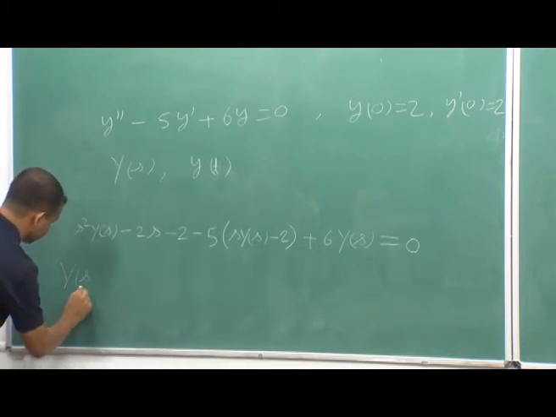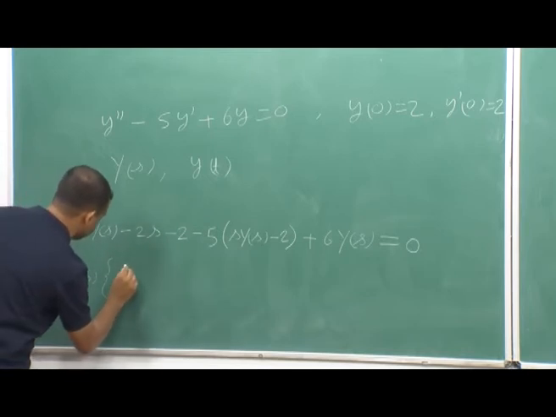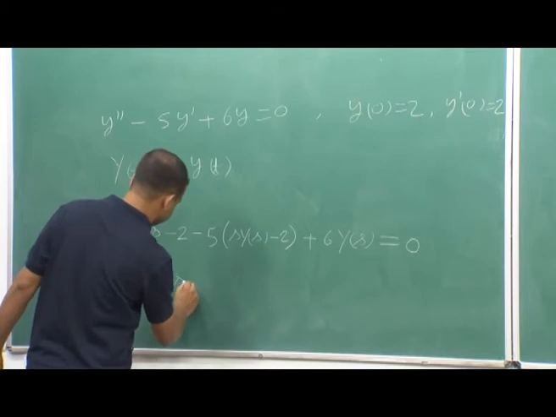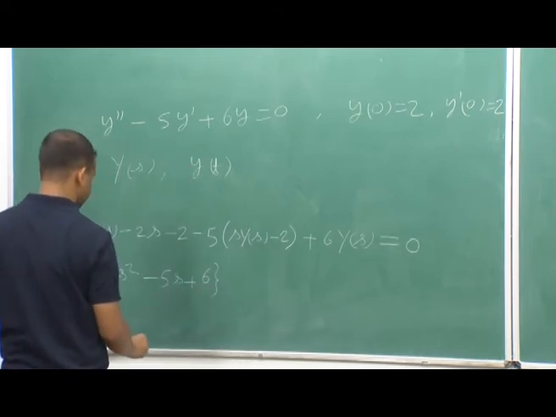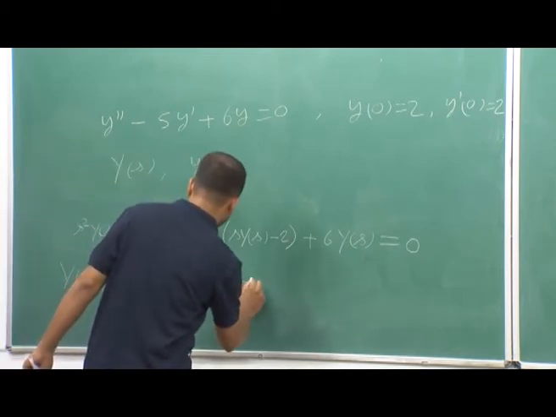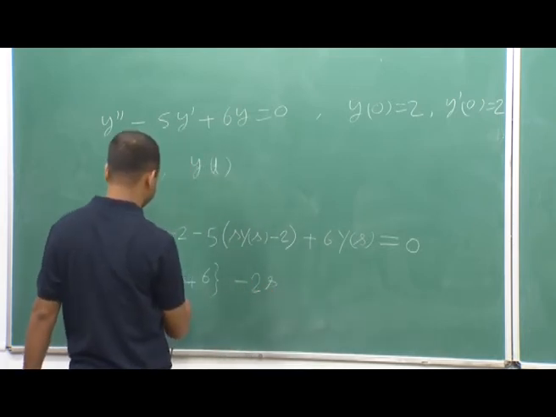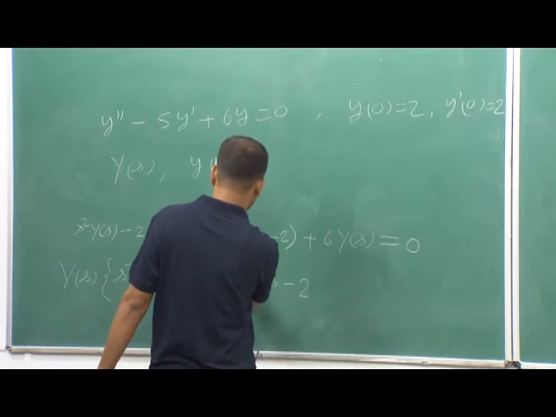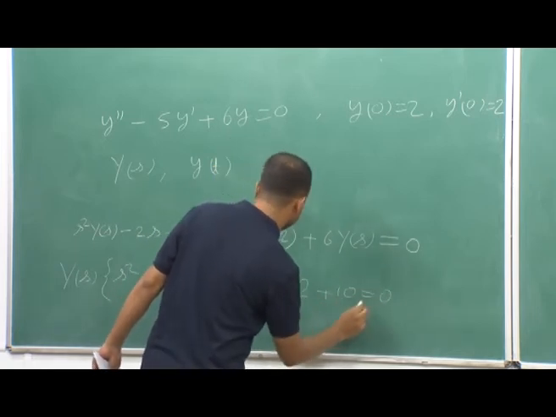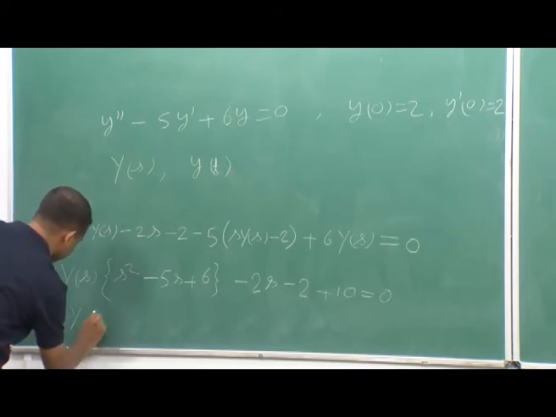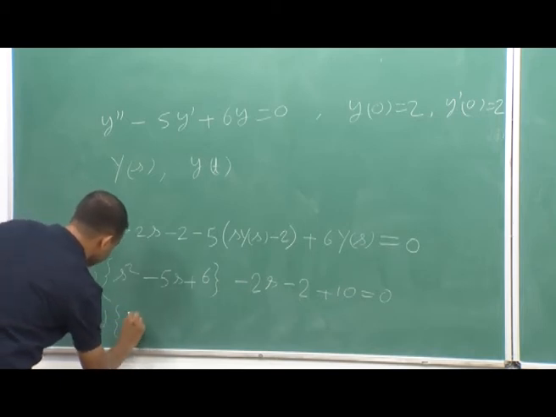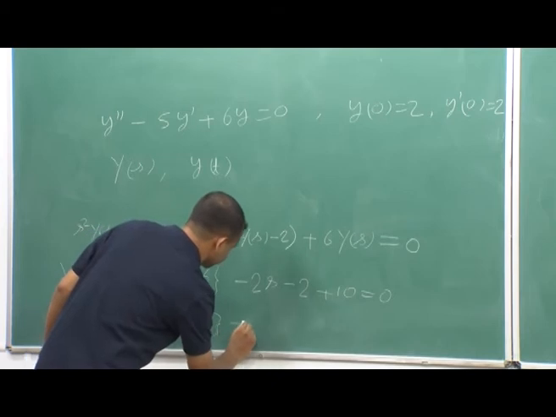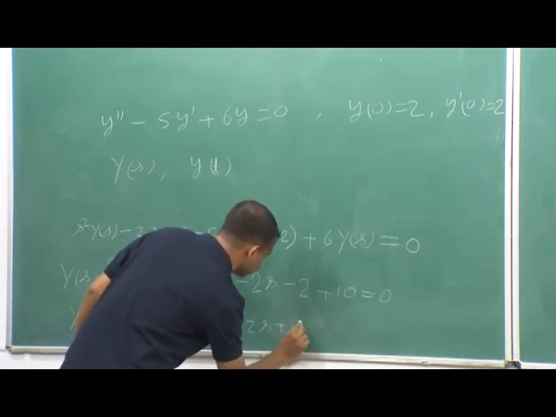And if I separate the y of s from this equation, I will get y of s times s square minus 5s plus 6, and the remaining terms minus 2s minus 2 plus 10 is equal to 0, so y of s times s square minus 5s plus 6 minus 2s plus 8 is equal to 0.